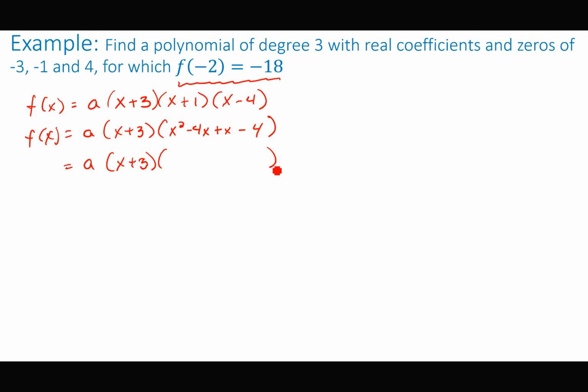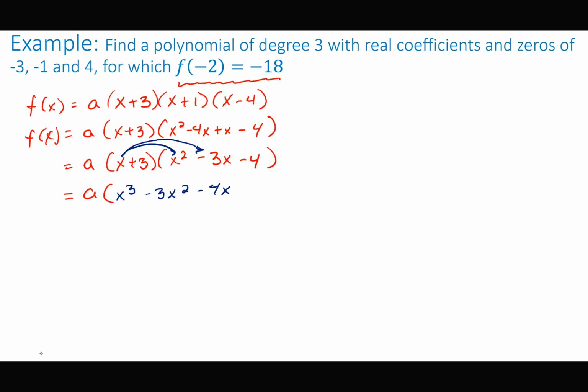I'm going to simplify that, combine like terms, so this will be x squared minus 3x minus 4. Now I can multiply by the binomial, and this is kind of the tedious part. I just have to take it individually, term by term. So the x times x squared is x cubed. The x times a negative 3x would be a negative 3x squared. x times a negative 4 would be a negative 4x.